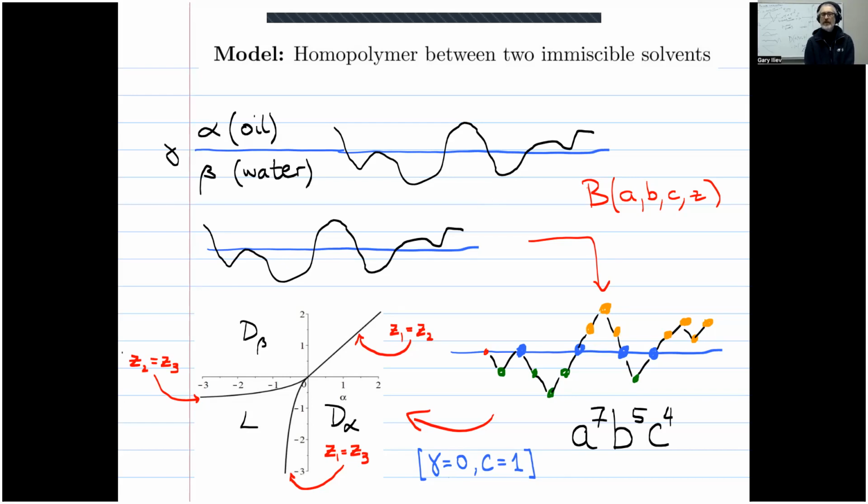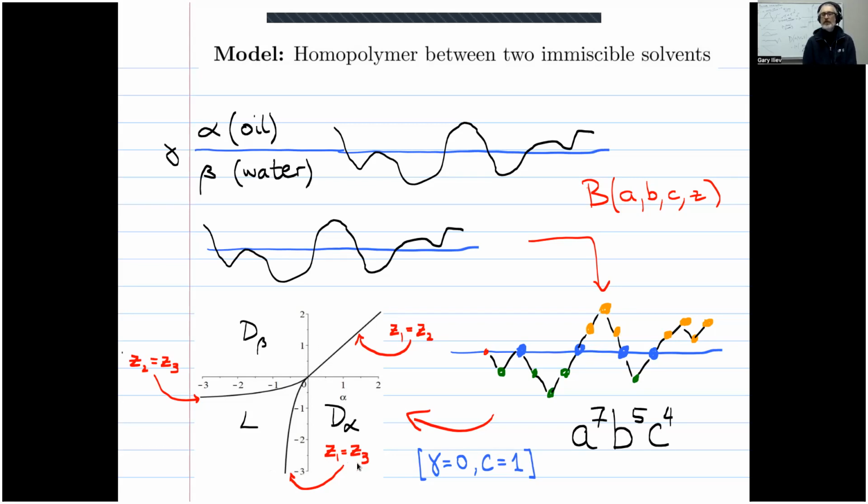And so you just have an energy alpha, which you can think of as wanting to pull the polymer into the upper of the 2 solvents, and a parameter beta, which tends to pull the polymer into the bottom of the 2 solvents. You can see that if I set Z1 equals Z2, these are my 2 simple singularities, I just get a line denoted by alpha equals beta. So this is the phase boundary between the alpha phase, delocalized into the alpha phase, and delocalized into the beta phase.